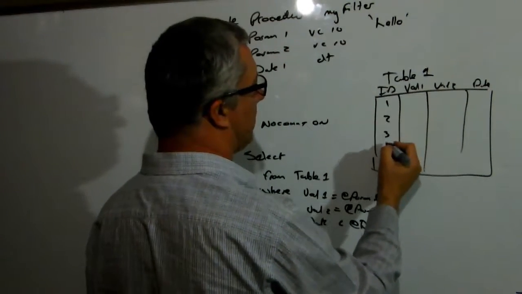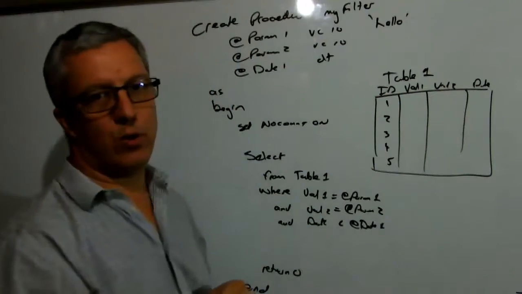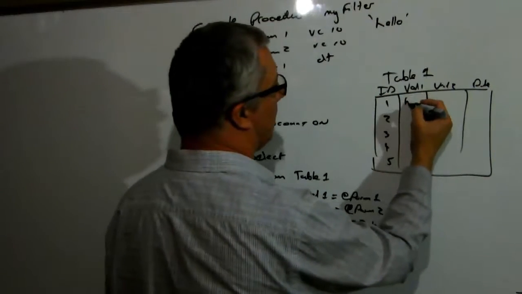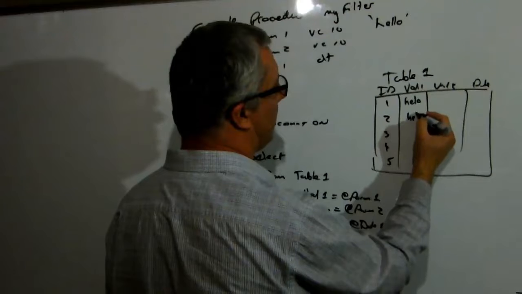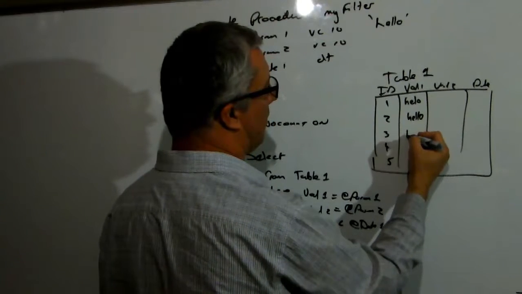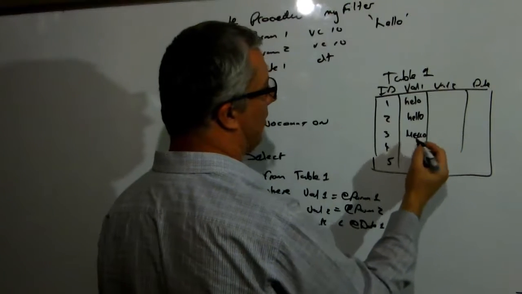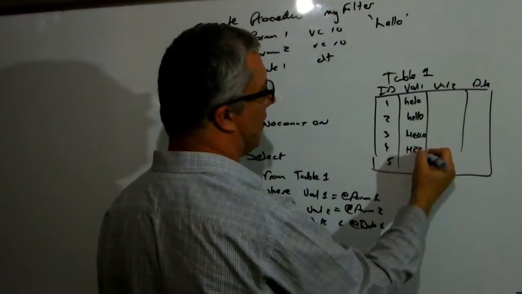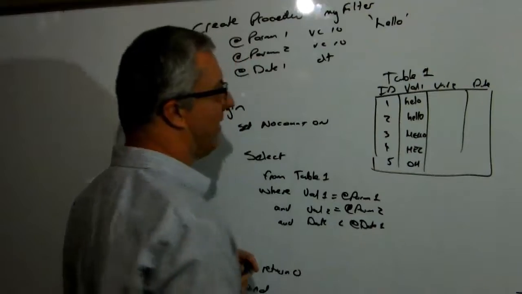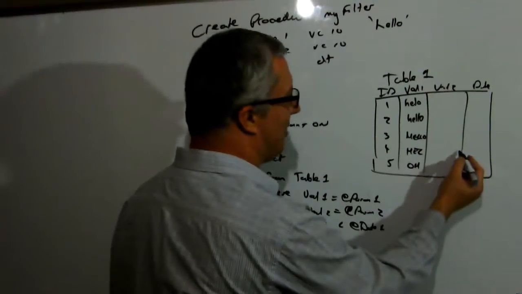I've got 5 records in there. This one is hello, that one is hello, that one is hello, that one is hell, that one is oh. Those are my values in there.